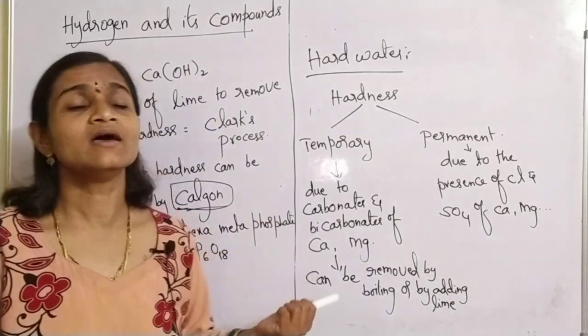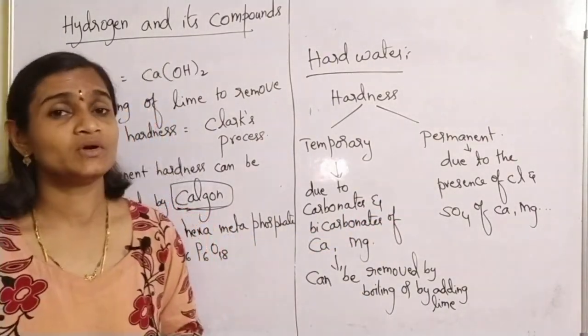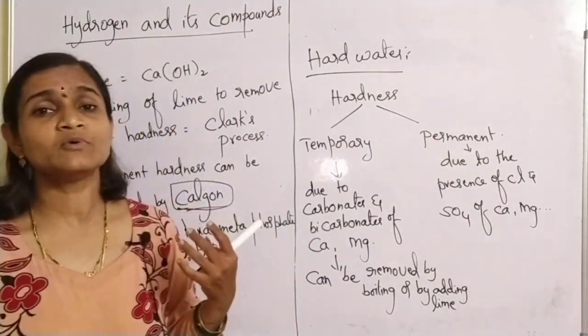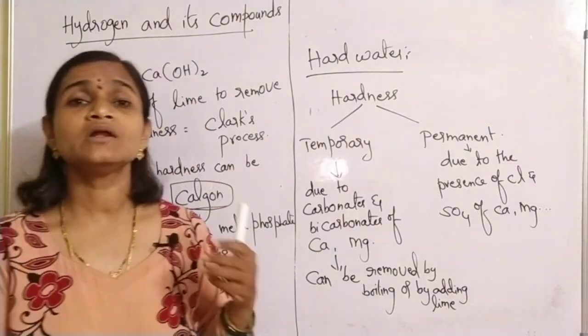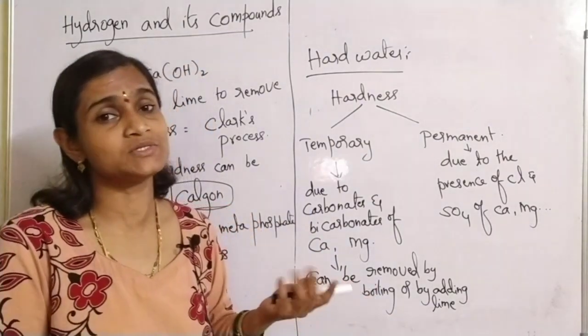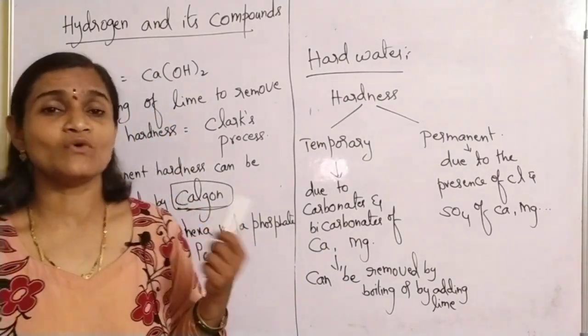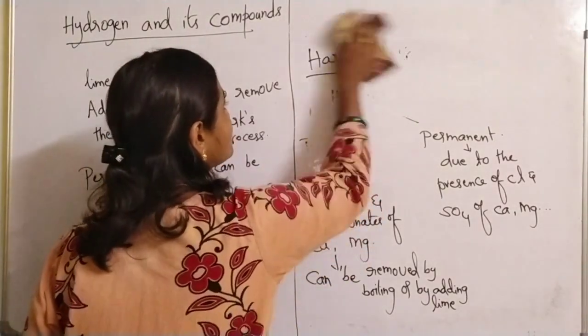By adding that, the permanent hardness of the water can be removed. Even by adding carbonates and bicarbonates of sodium, sodium carbonate or sodium bicarbonate, permanent hardness of water can be removed. That is also one very important point which you have to remember.